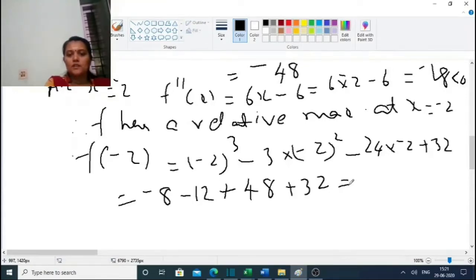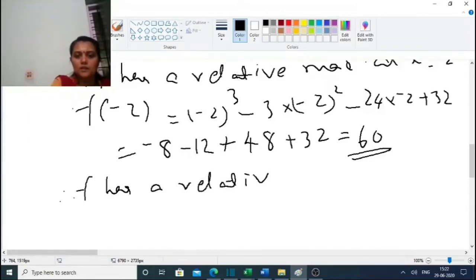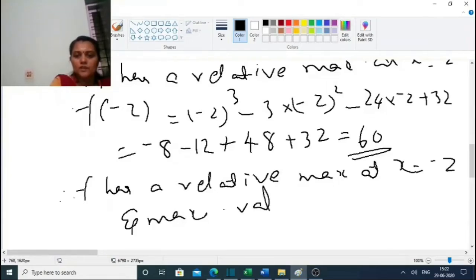That gives 60. Therefore f has a relative maximum at x equal to minus 2 and the maximum value is equal to 60.